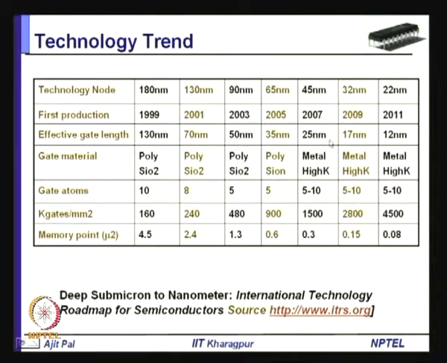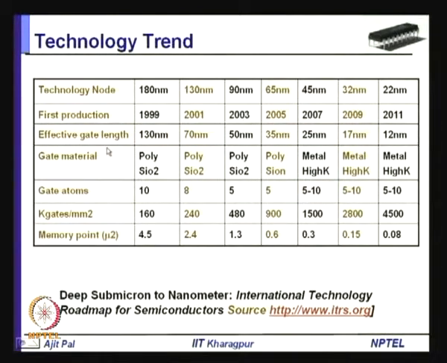If we consider 45 nanometer, which is the mature technology being used in present day VLSI circuits, the effective channel length is 25 nanometer, and it will come down to 17 nanometer and 12 nanometer as the technology node changes to 32 nanometer and 22 nanometer.